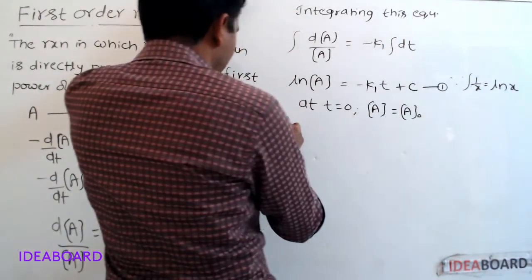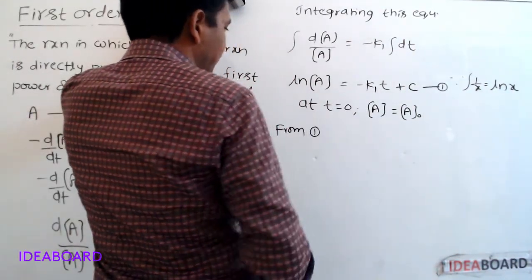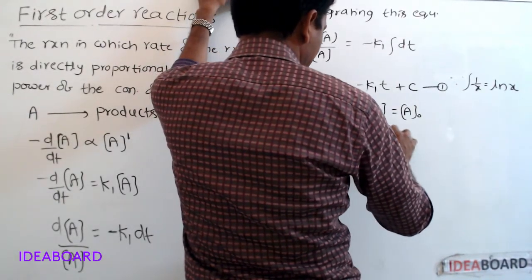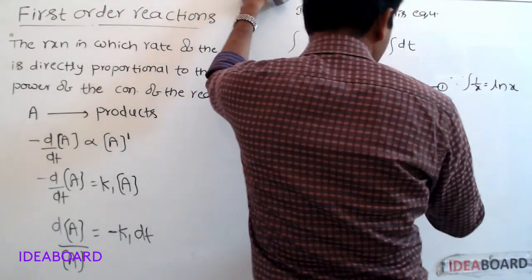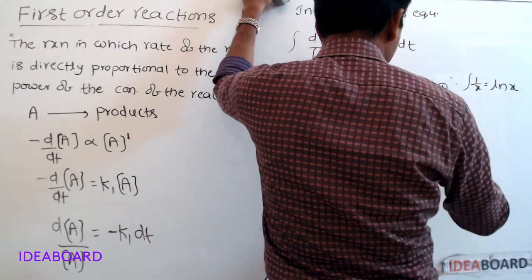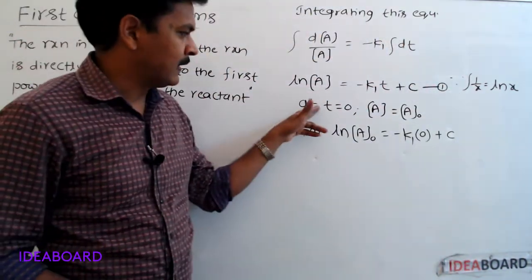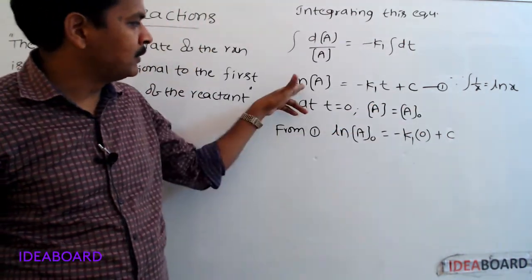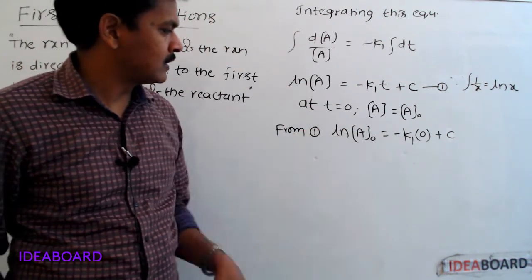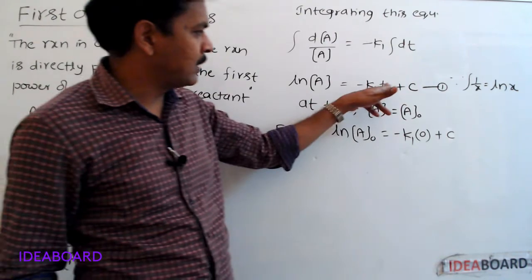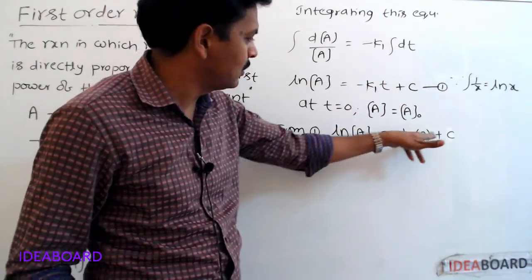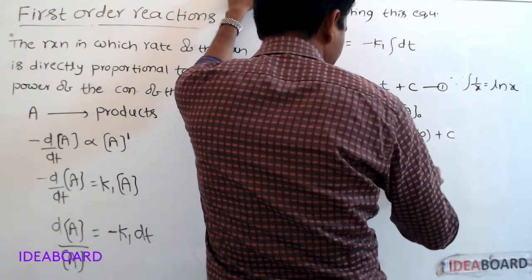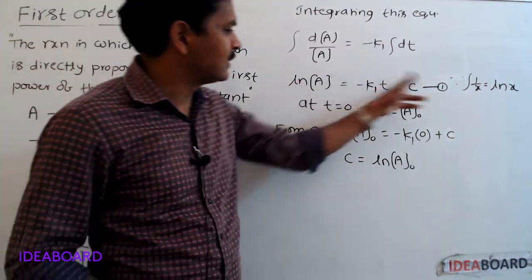Then from equation 1, log A naught is equal to minus K1 into 0 plus C. Then C is equal to log A naught.